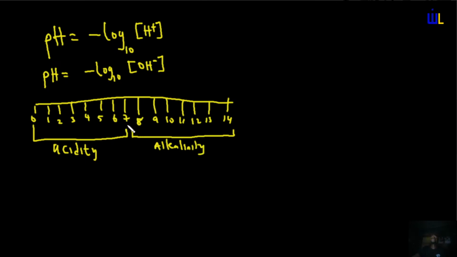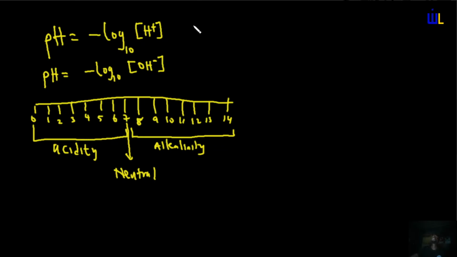However, the exact value of 7 is neutral. So when the pH is anything below 7, it is acidity; if the pH is anything above 7, it is alkaline; and when it is 7 on the dot, it is neutral.